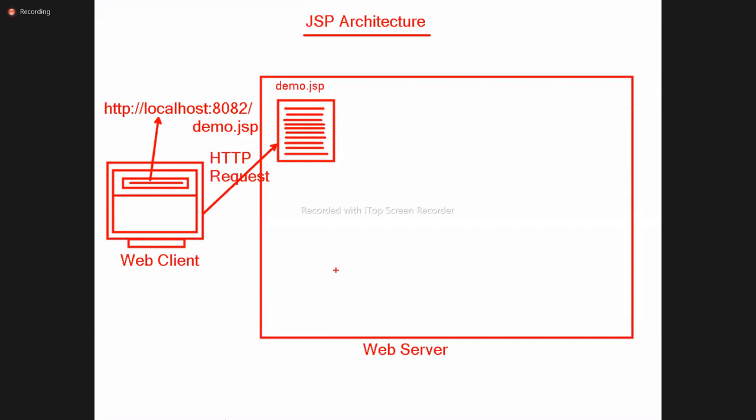Now, see, for a Servlet program you'll compile, and after that you'll deploy. But for an HTML-type program, you'll write the JSP and deploy it. After deploying, you'll send the request. Whenever you send the request, what will happen is first the JSP engine will read.